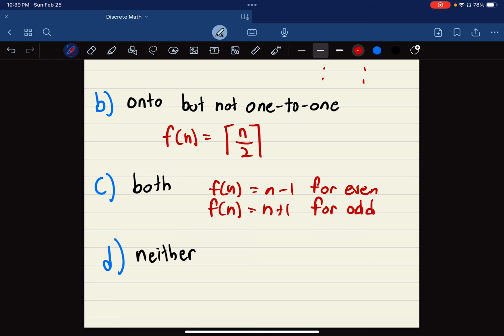So let's do odd first, since 1. Let's say you have 1, f of 1 is equal to 2, which is good. Then if you have an even number, f of 2 equals 1. So it's always going to map to something, and it's going to be both 1-to-1 and onto at the same time.